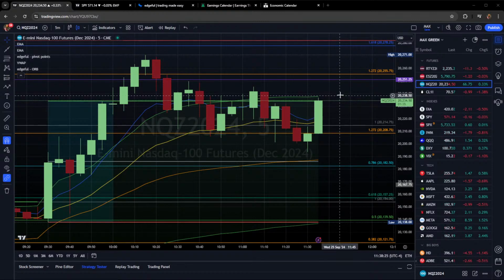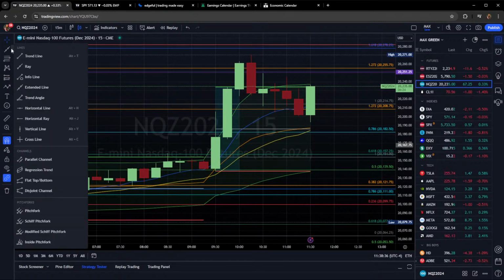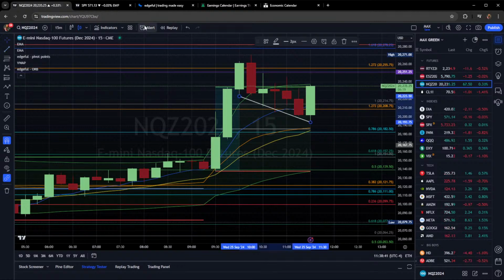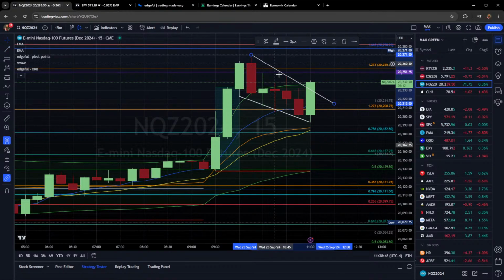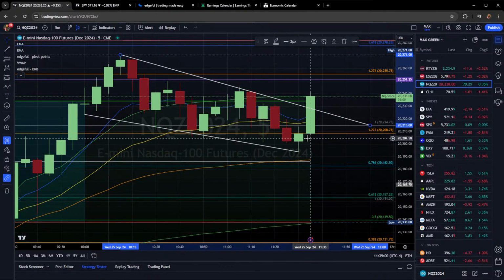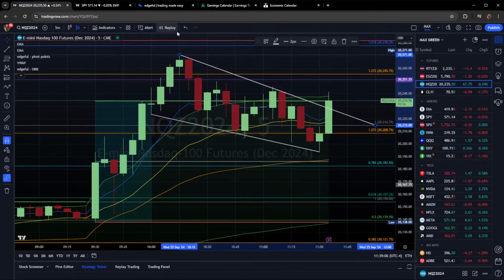If this doesn't reject here, I'm going to get stopped out right up here, because it's starting to look like a little flaggy. It's looking flaggy. Flagpole looks flaggy.